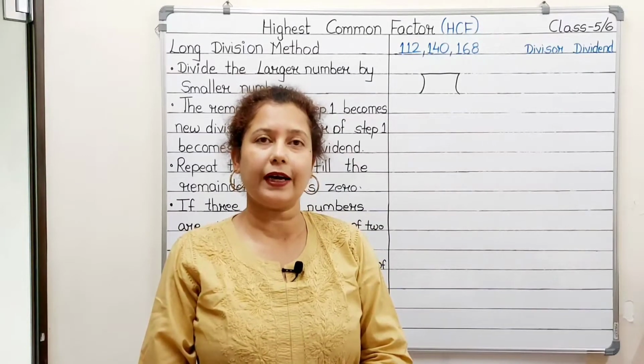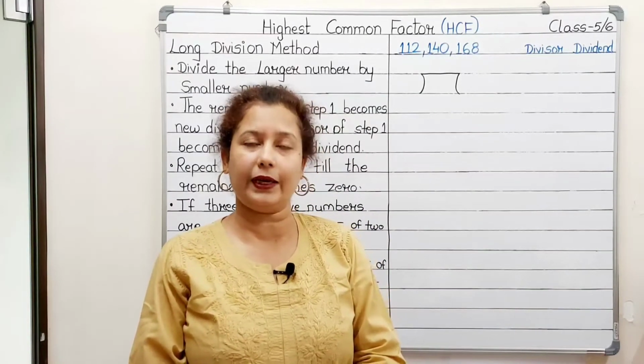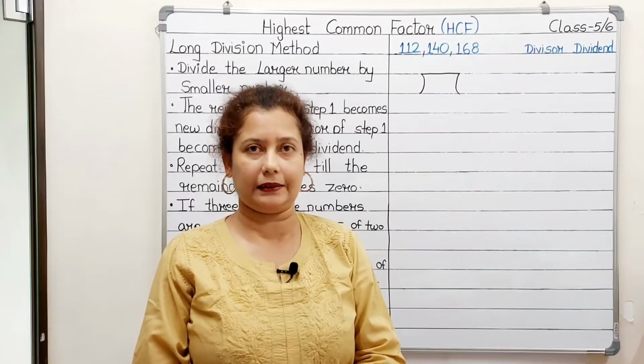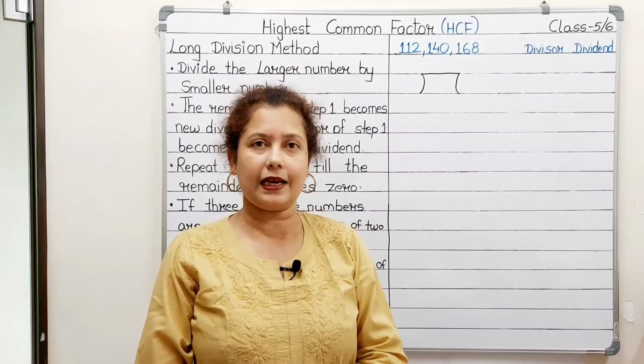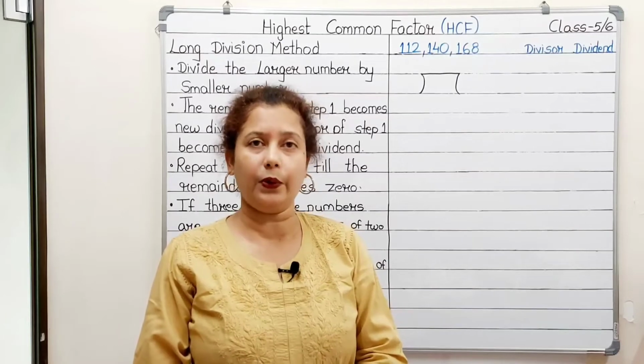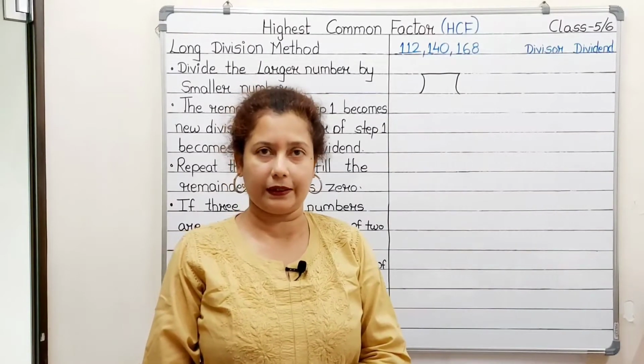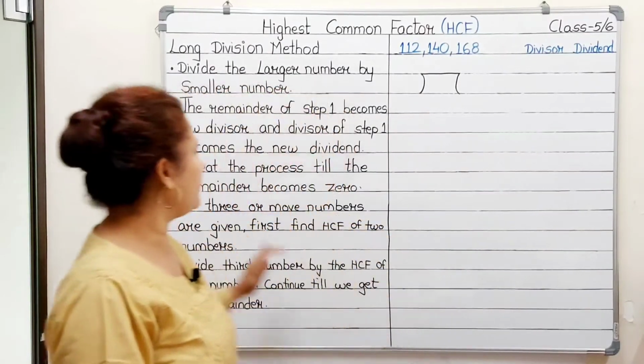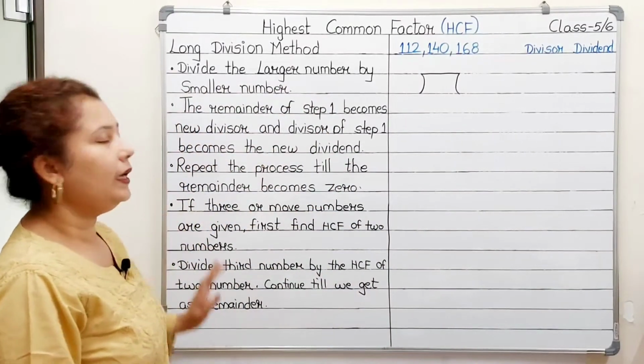Now we know how to find HCF of two given numbers by long division method. Now we will understand how to find HCF of three or more numbers by long division method. First few steps remain the same.